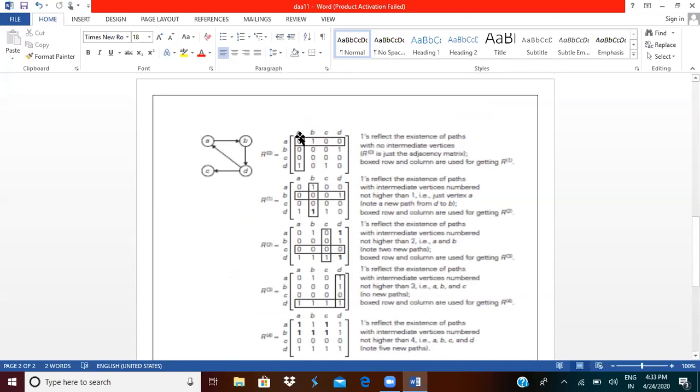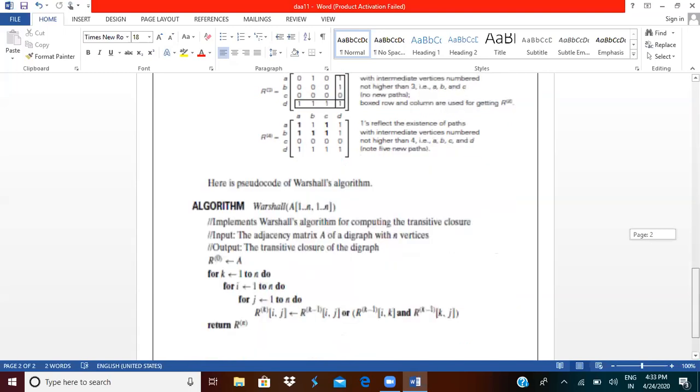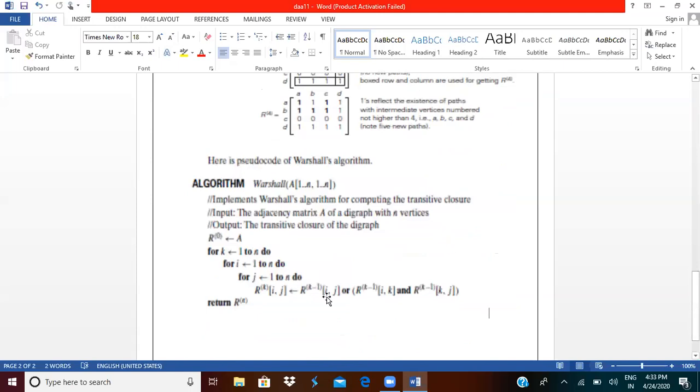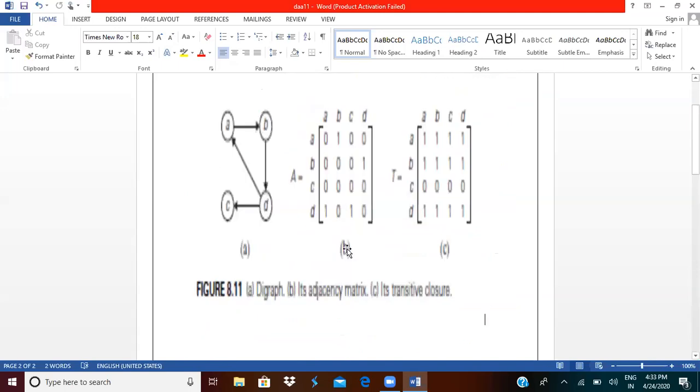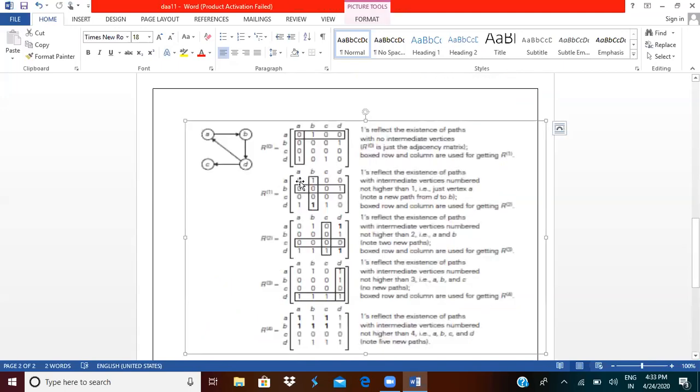First row, first column, again it is 0. What is 0 into 0? Boolean value is 0. Then I'm going to OR it with this expression, that is R0 of 1 comma 1, which is again 0. 0 OR 0 is 0. So that is what I have done. If you see, R1 of 1 comma 1 is 0. I have placed it as it is.